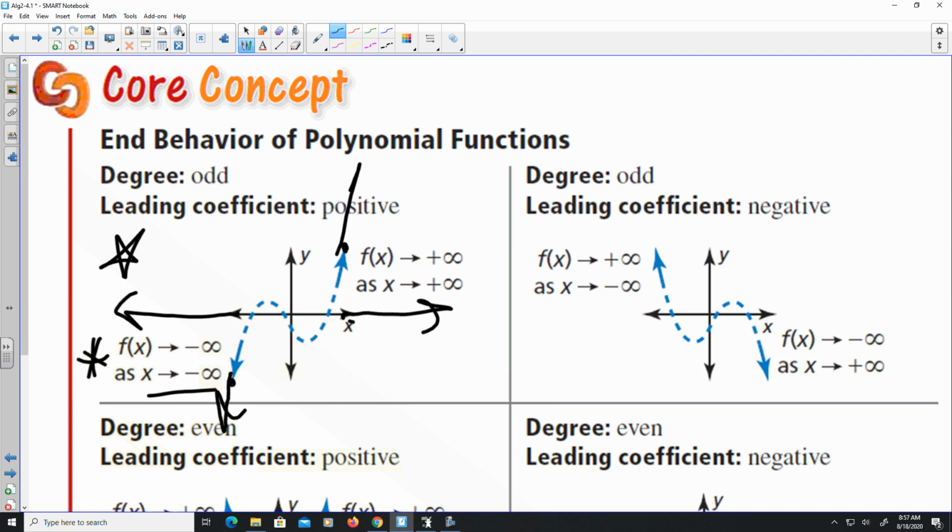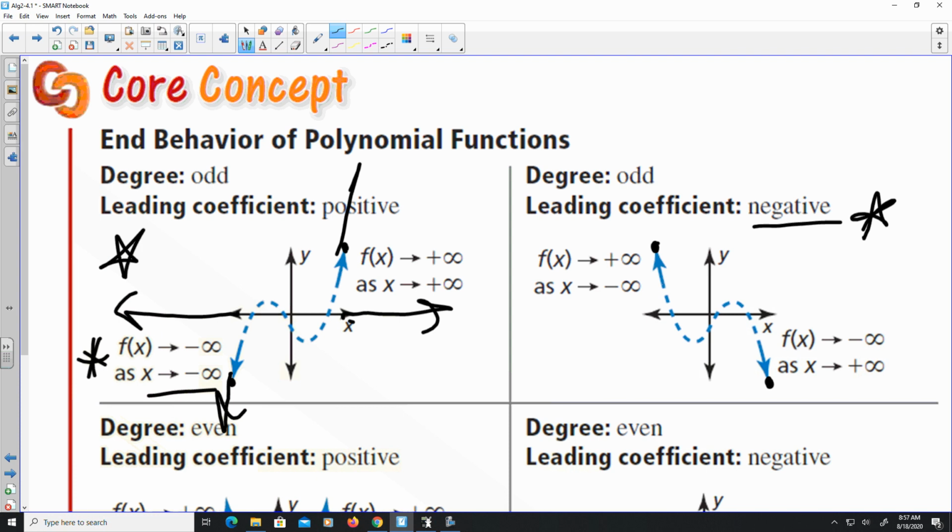Looking at the graph on the right, this is a situation where we have a negative lead coefficient. So where does our graph start? Well, our graph starts here up at the top and then it ends at the bottom. So going from left to right, it goes from the top to the bottom.